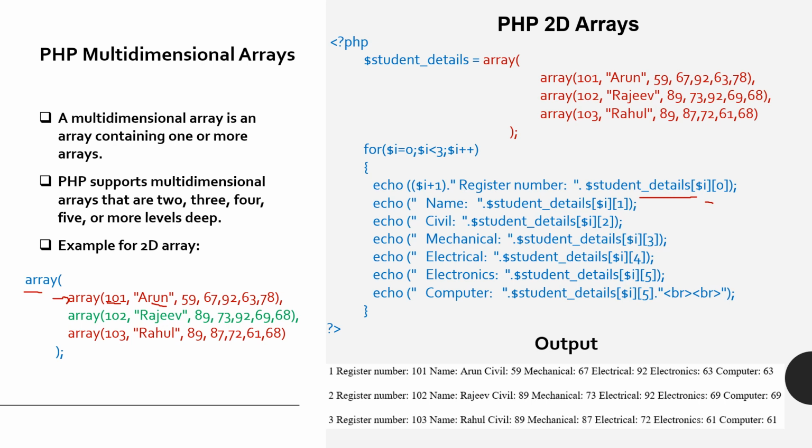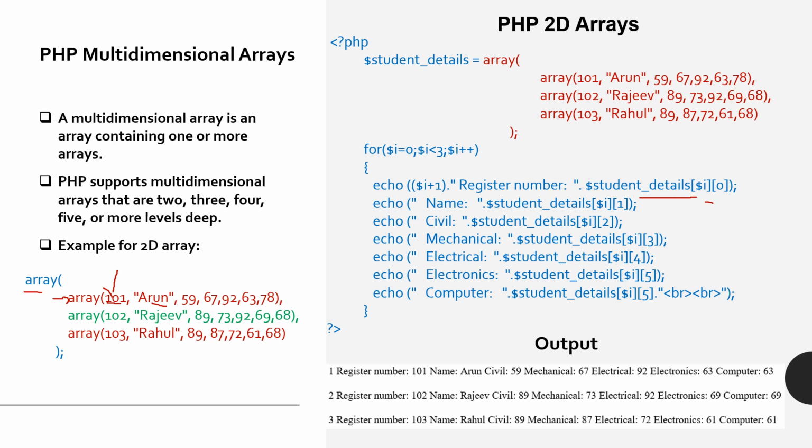So as far as this array is concerned, these are the values. As far as this internal array is concerned, these values: register number, name, marks, and that way.